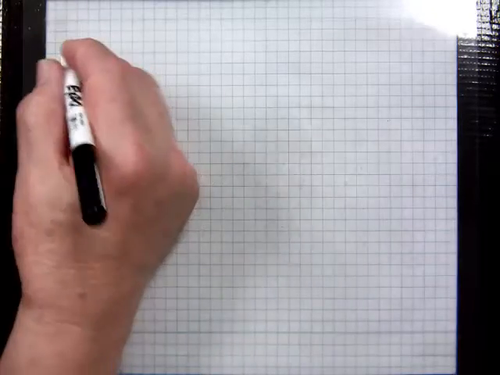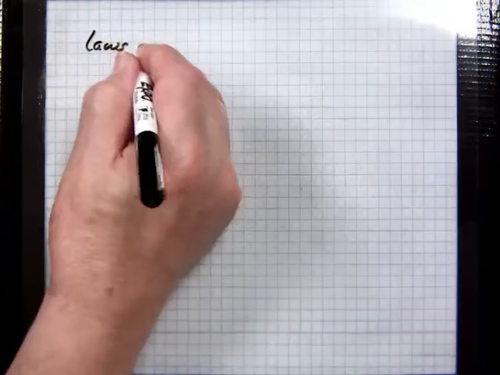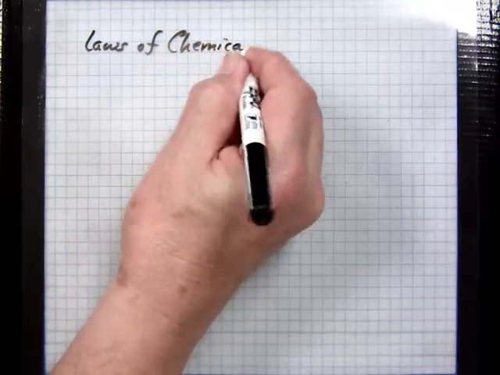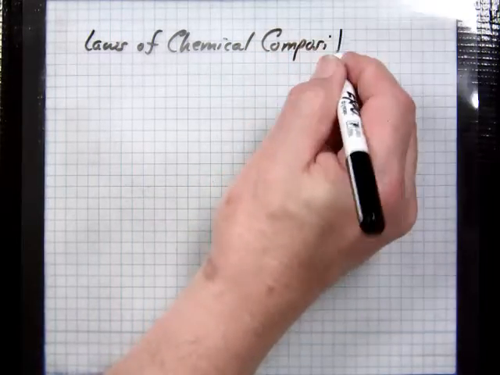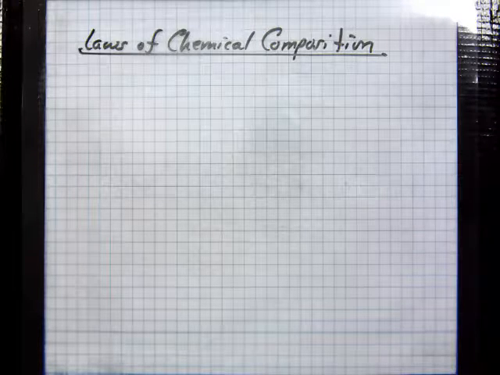This is part 4, Atomic Theory and Laws of Chemical Composition. We're making compounds now.